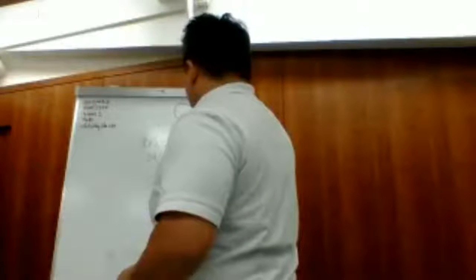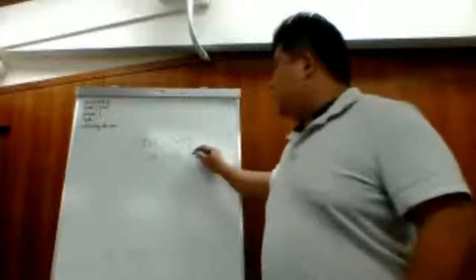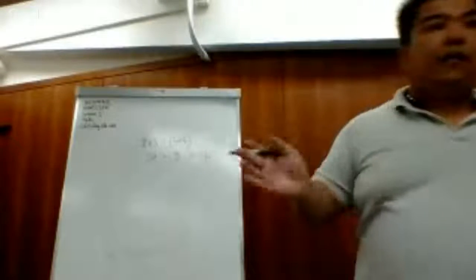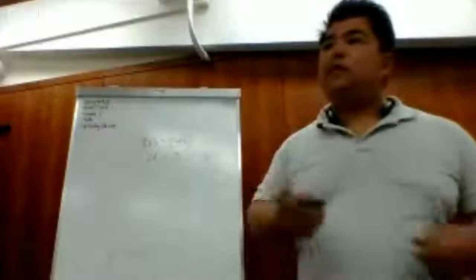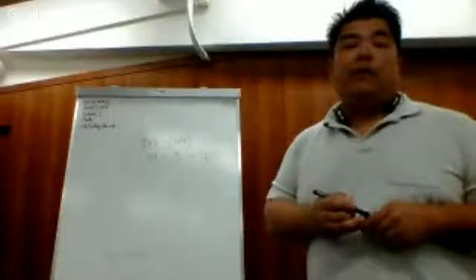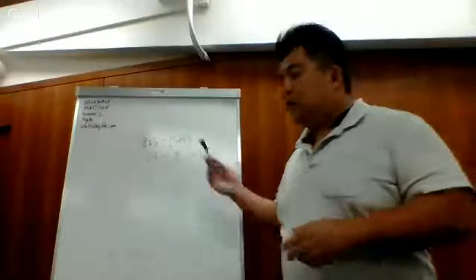Wait, that's 5 plus 3, I wrote that wrong. So that's 8. That gives you 16. None of the other ones give us 16, so this is the only one. By following PEMDAS, this is the only one that gives us 16 here. Okay? Good. Let's continue here.